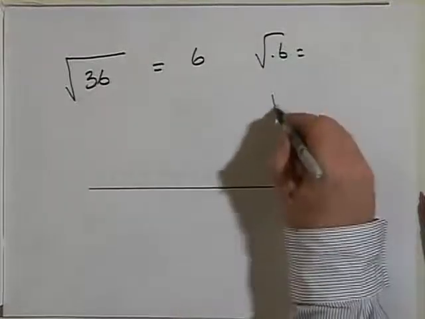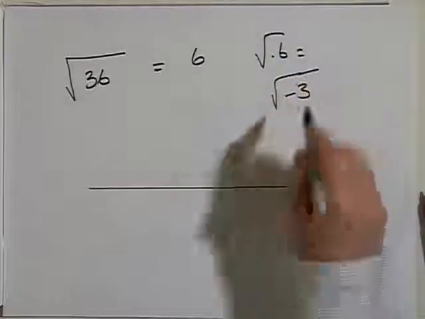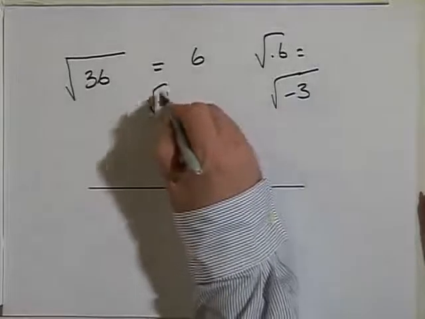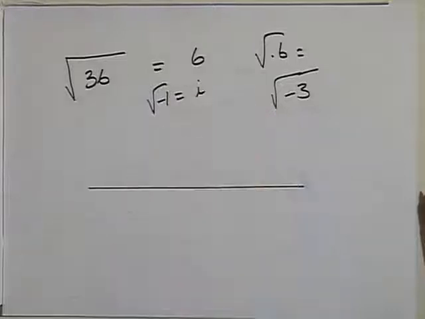But what happened when they got the square root of -3? They said, this is a mess. This is just dreadful stuff. And they said, we better dream up something for this. What's the square root of -1? They said, let's call it i. Let's call it complex numbers.